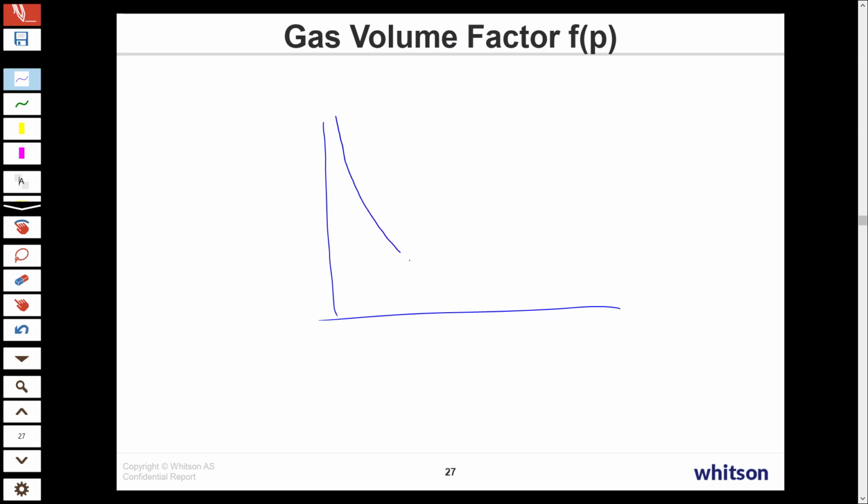BG kind of looks like this. That's BG. And 1 over BG is more or less linear, maybe turning something like this. But this is the expected behavior for a constant composition of gas. What we're going to find is that because the gas composition is changing as condensate drops out in the reservoir, the gas in the reservoir becomes leaner, you're going to get a different shape than that.